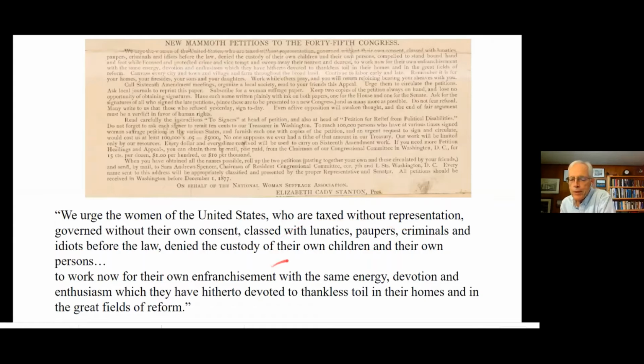We urge the women of the United States who are taxed without representation, governed without their own consent, classed with lunatics, paupers, and criminals and idiots before the law, denied the custody of their own children and their own persons, to work now for their own enfranchisement with the same energy, devotion, and enthusiasm which they have hitherto devoted to thankless toil in their homes and in the great fields of reform. Doesn't work.